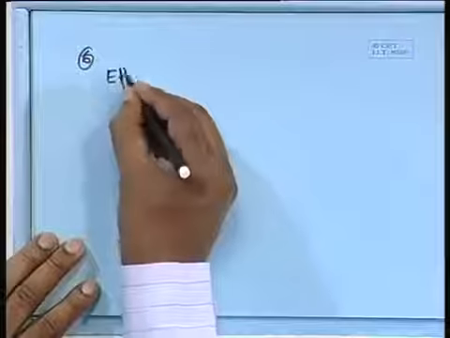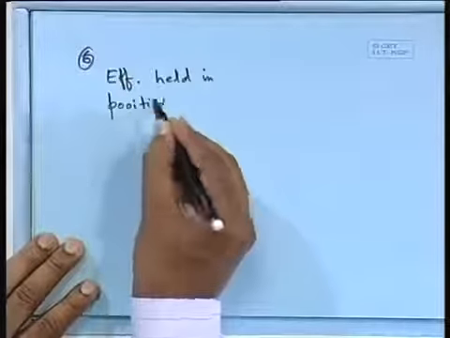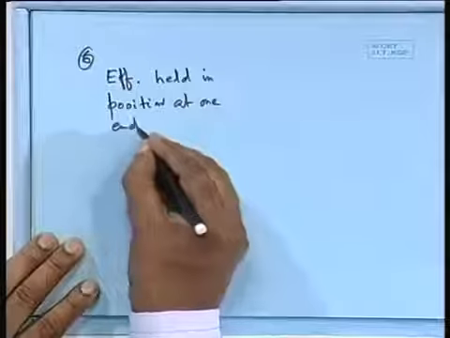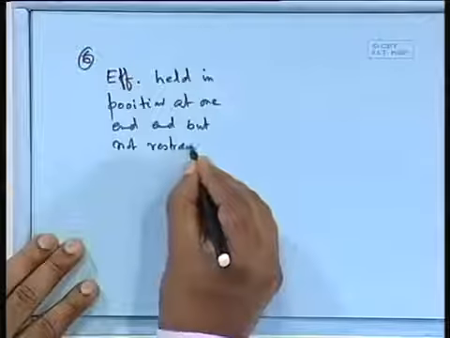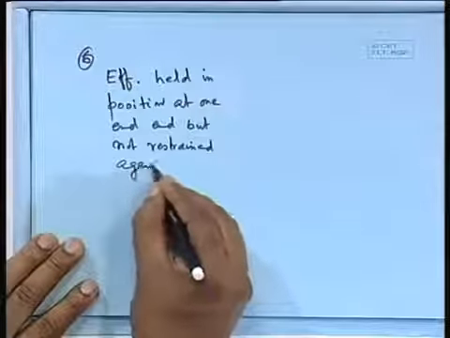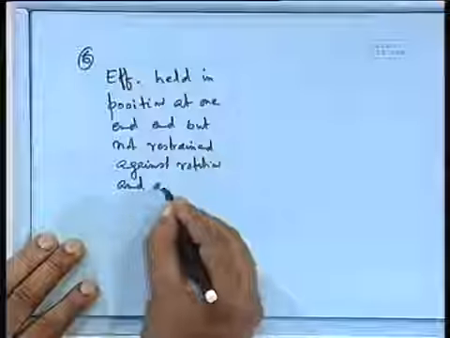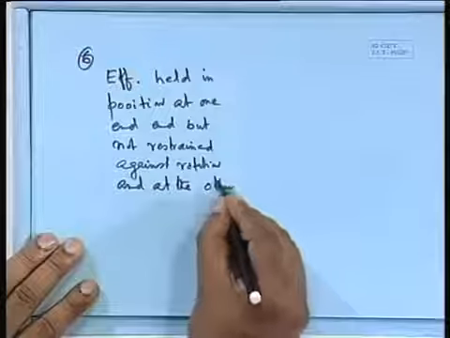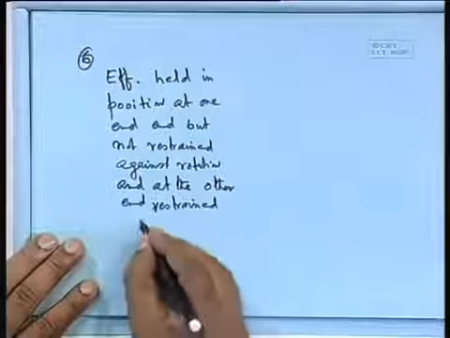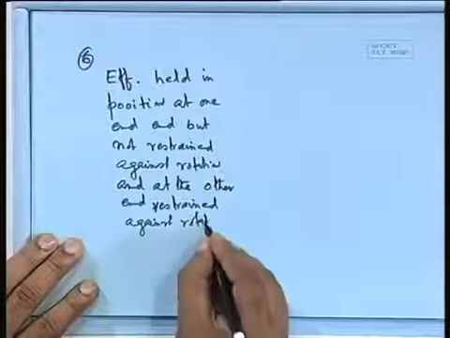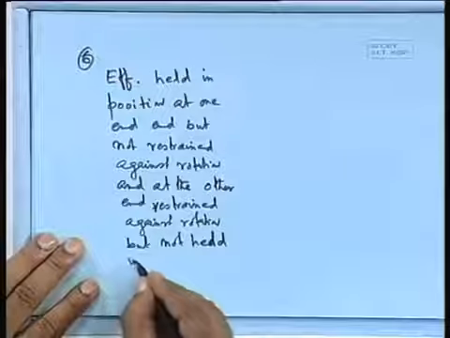Sixth one: effectively held in position at one end, but not restrained against rotation, that means it is hinged, and at the other end restrained against rotation but not held in position.